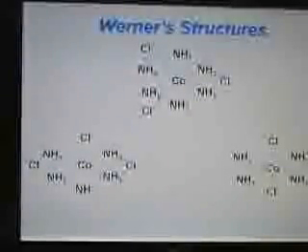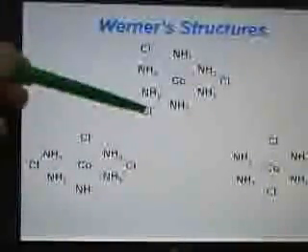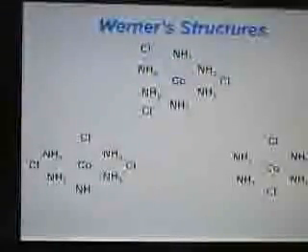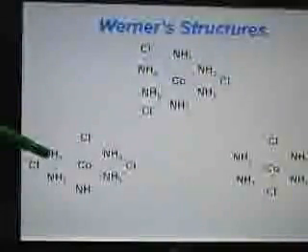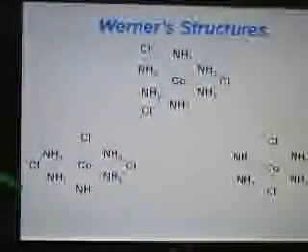Werner proposed structures as well for the cobalt-containing compounds. In the first structure, the 3 chlorides satisfy the primary valence, whereas the 6 NH3s satisfy the secondary valence.